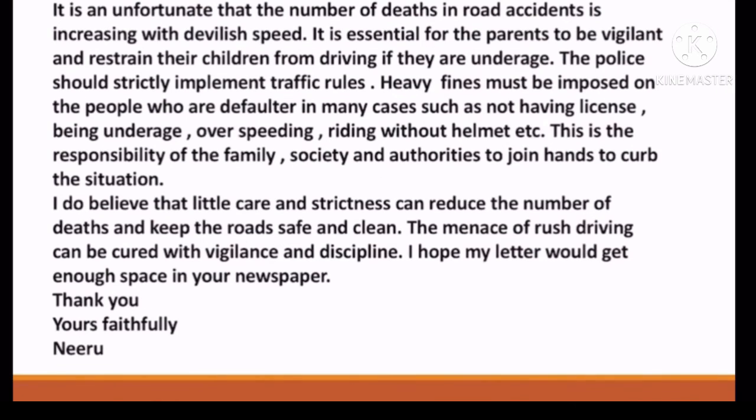The last paragraph, that is the concluding paragraph. I do believe that little care and strictness can reduce the number of deaths and keep the roads safe and clean. The menace of rash driving can be cured with vigilance and discipline. I hope my letter would get enough space in your newspaper. This is the concluding paragraph.